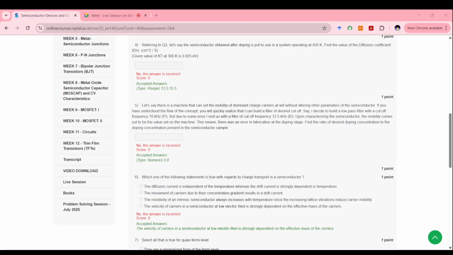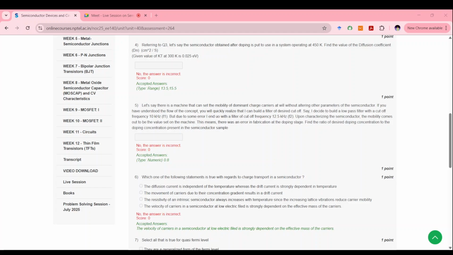Okay, let's say there is a machine that can set the mobility of dominant charge carriers at will, without altering other parameters.